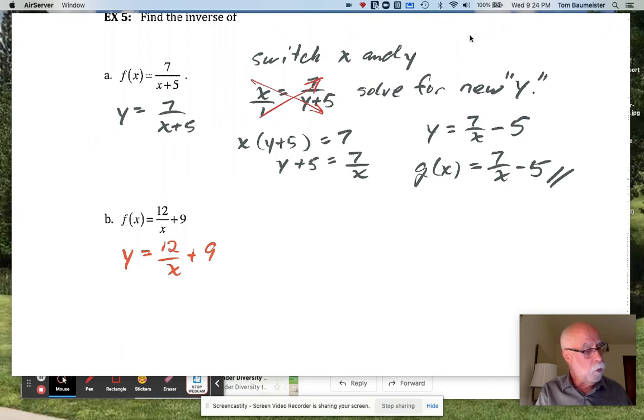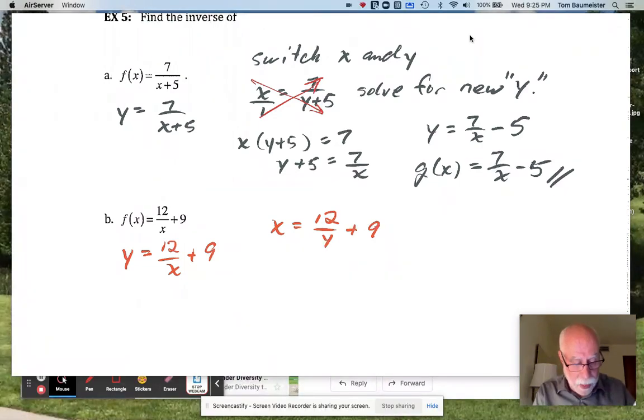We're going to switch the x and the y. So now I'll have x is equal to 12 over y plus 9.